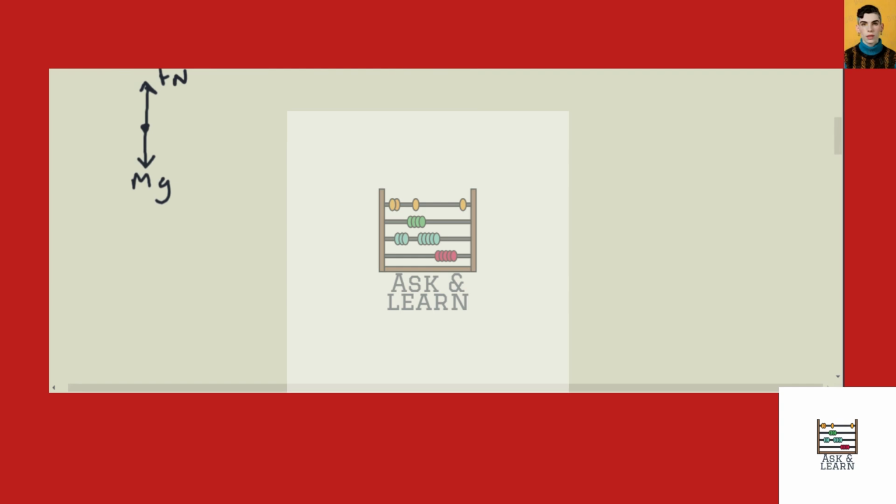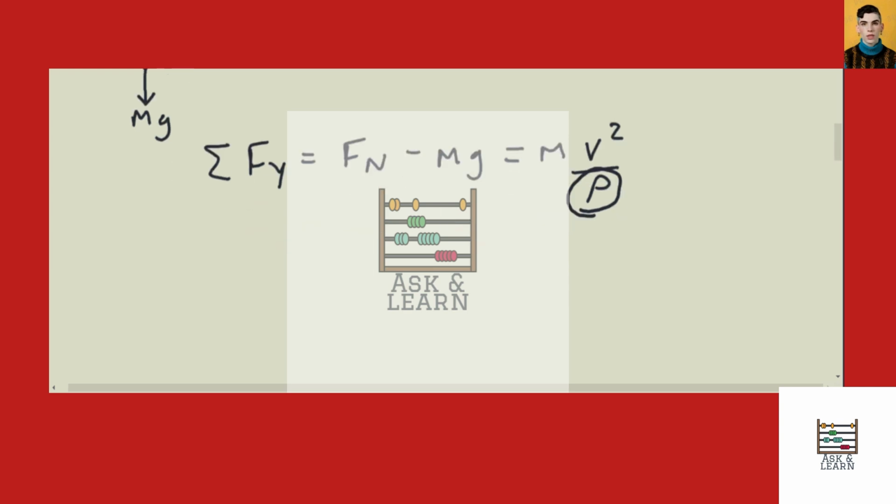So at this point, the sum of the forces in the y direction will equal Fn minus mg, since the weight pushing down is negative, and that will equal mass times acceleration. And here, the acceleration will be the centripetal acceleration. So a will be v squared divided by the radius of curvature, rho. So this is what I want to solve for.